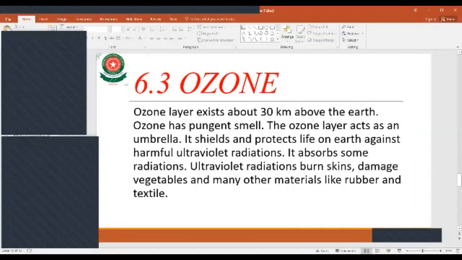Ultraviolet radiations burn skin, damage vegetables, and many other materials like rubber and textile. So the function of the ozone layer is to protect the Earth from ultraviolet rays, which are harmful for us.